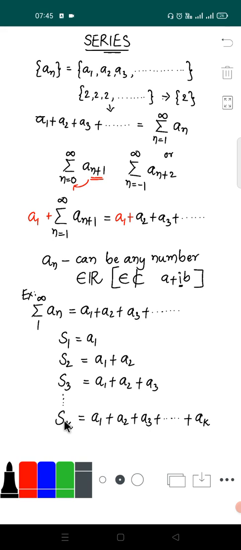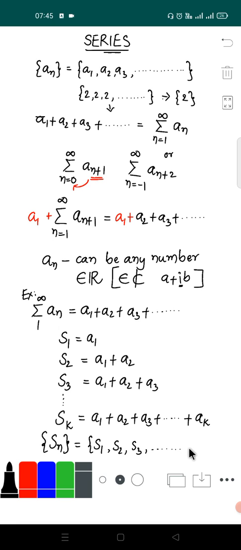See this, you can make s1, s2, s3 and sk and so on, all these a sequence. Sn you can denote like this. All the numbers here are denoted like s1, s2, s3 and so on.